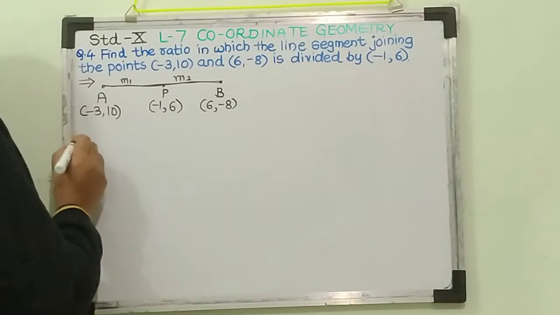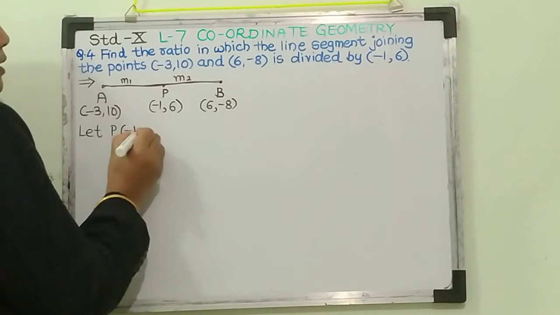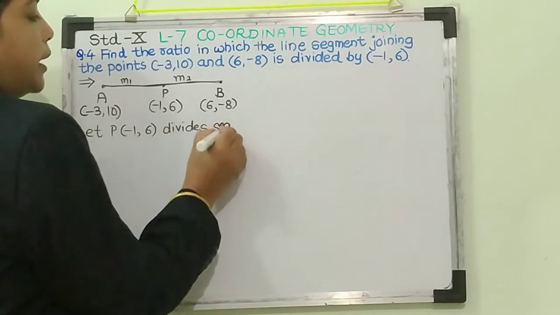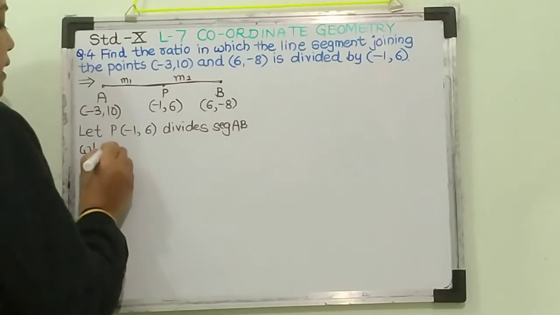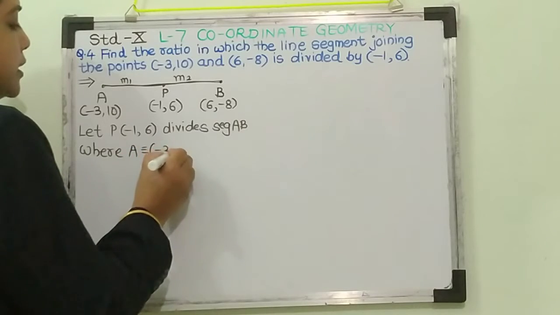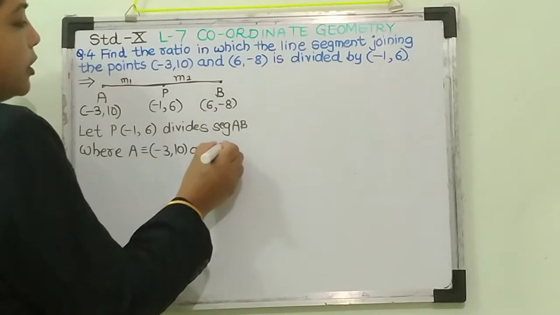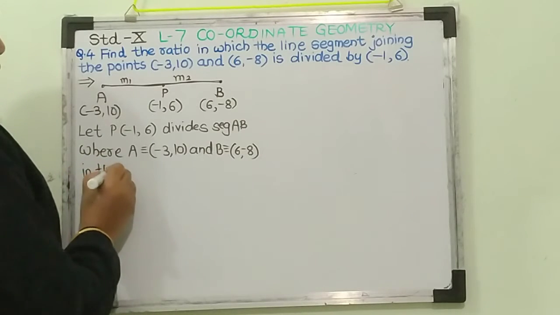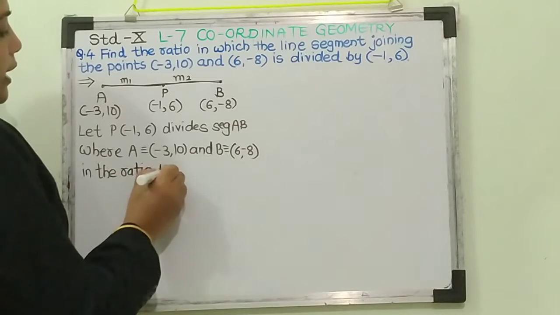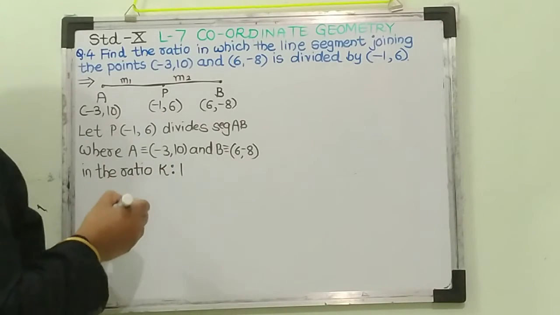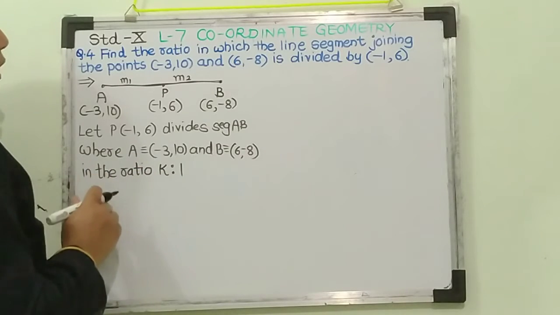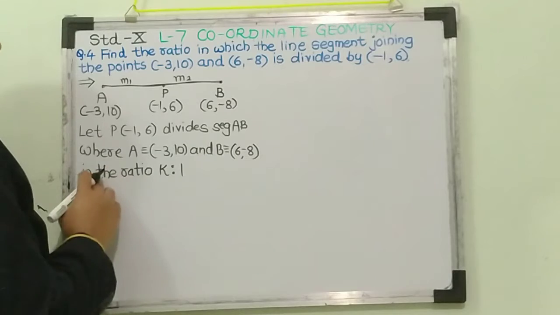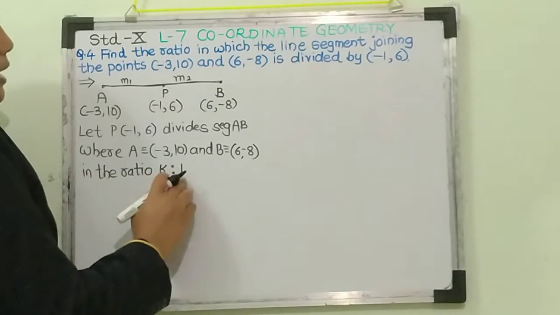So first, let P minus 1 comma 6 divide segment AB, where A's coordinates are minus 3 comma 10 and B's coordinates are 6 comma minus 8, in the ratio k is to 1, because we can apply k is to 1 when we do not know the values of m1, m2. So I put here the ratio as k is to 1.